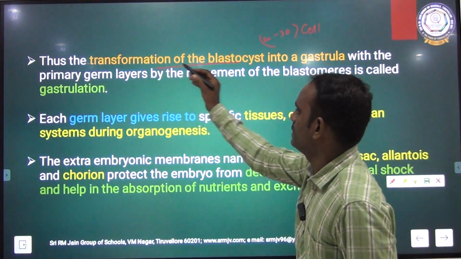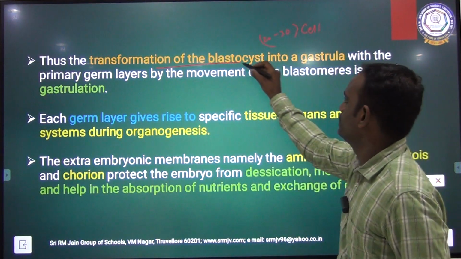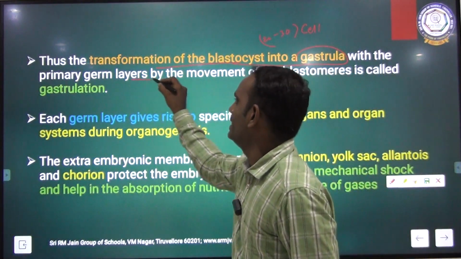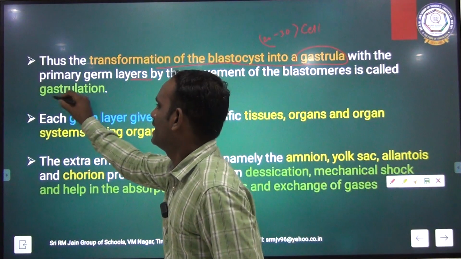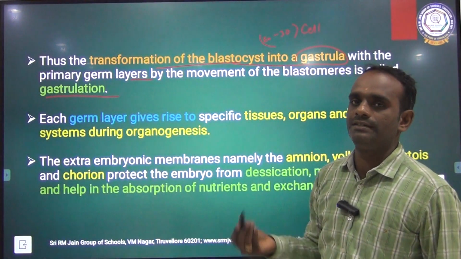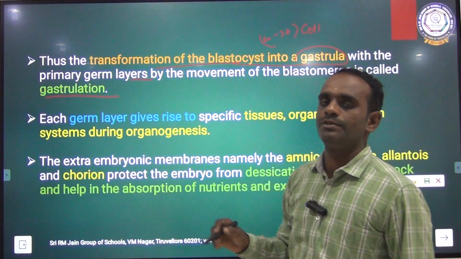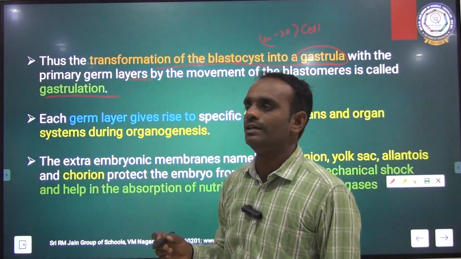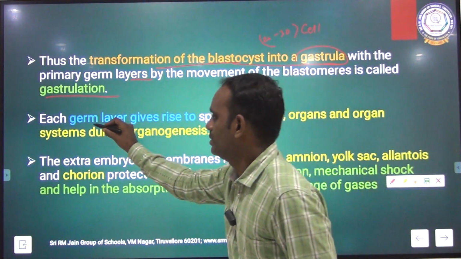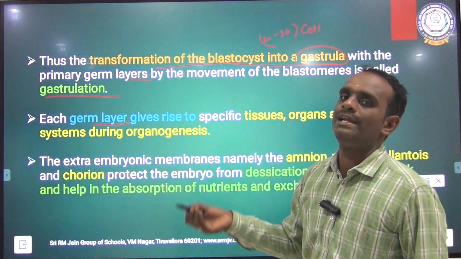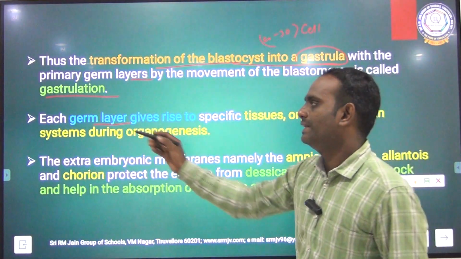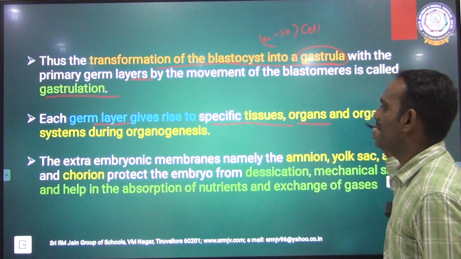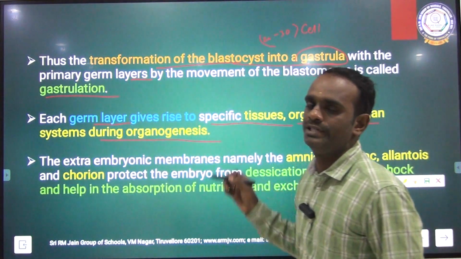The transformation of the blastocyst into gastrula with the formation of germ layers is called gastrulation. Each germ layer, ectoderm, endoderm and mesoderm, gives rise to specific tissues, organs and organ systems during organogenesis.